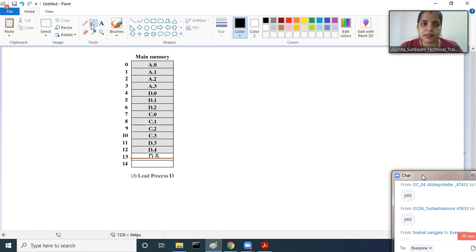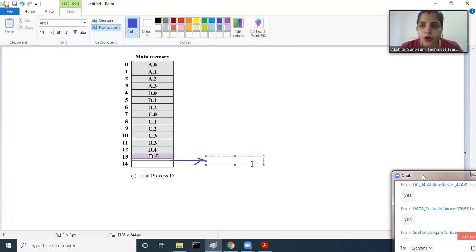That's the reason D5 is saying it will be using only up to this point. And at this location, I have a problem. What is that problem called? This free block is available in the main memory, and that free block cannot be used. This was the problem of internal fragmentation.